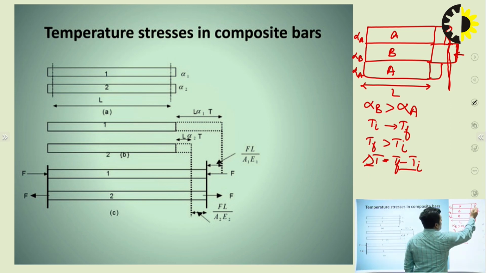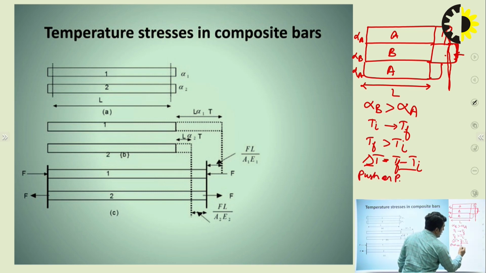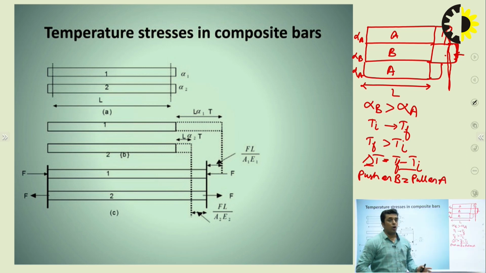This is the in-between section. If this point wants to reach this point, then we have to compress it, push it inside, and if this point wants to reach this section, we have to stretch it, pull it. So we can say push on B equal to pull on A.